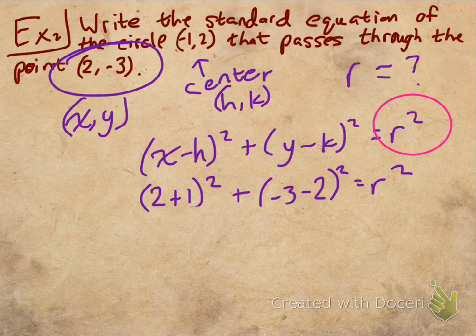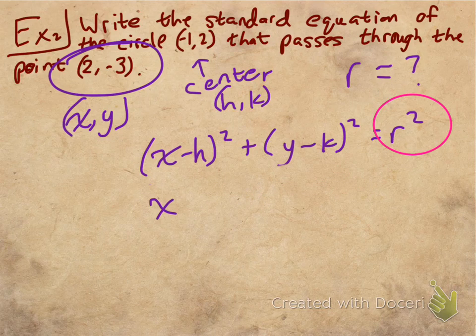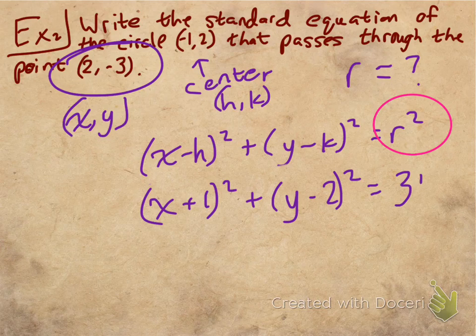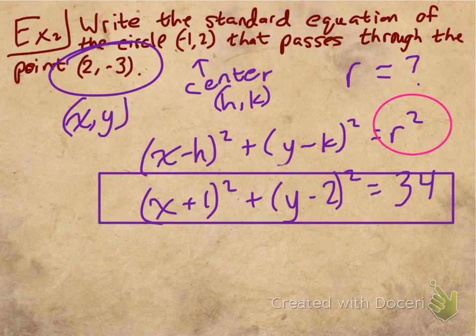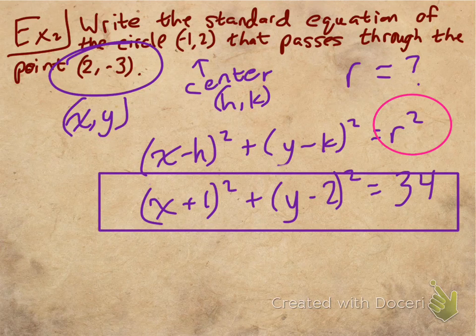We know that r squared is 34, which means now I'm going to rewrite this as (x + 1)² + (y - 2)² = r², again was 34. And you're done.